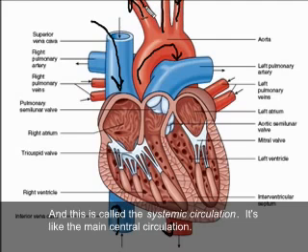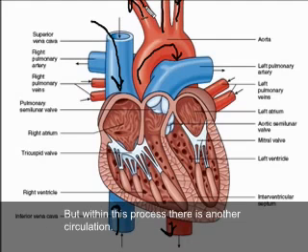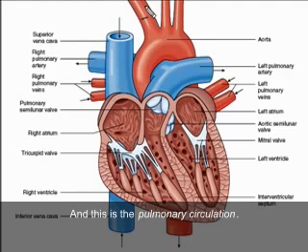And this is called the systemic circulation. It's like the main central circulation. But within this process, there is another circulation. And this is the pulmonary circulation.